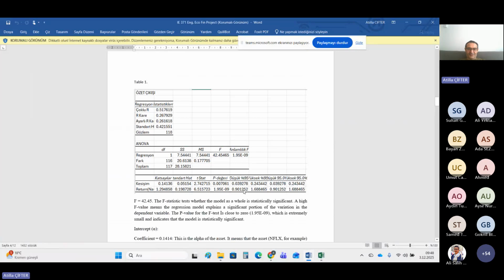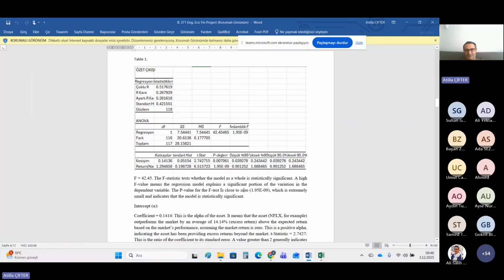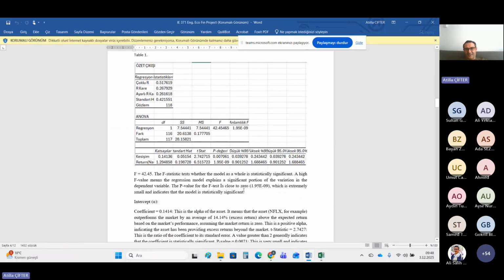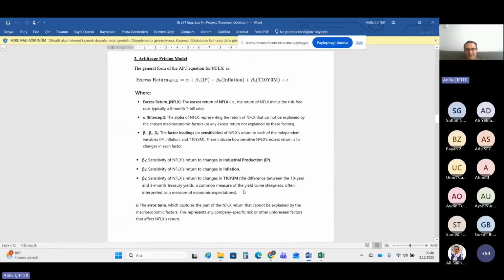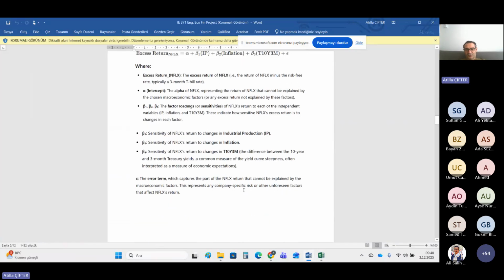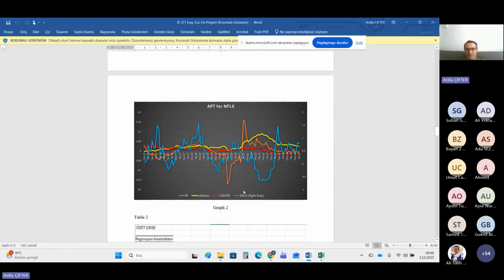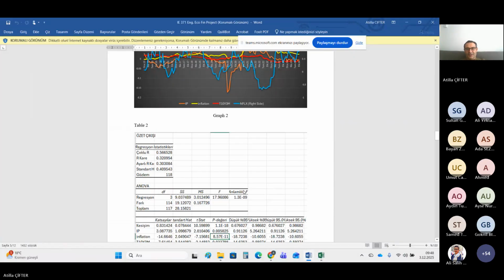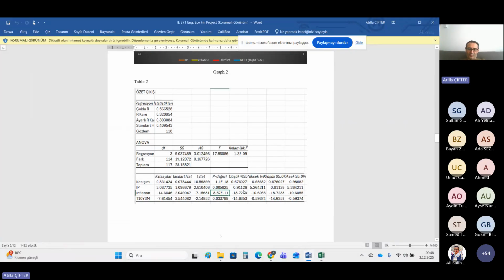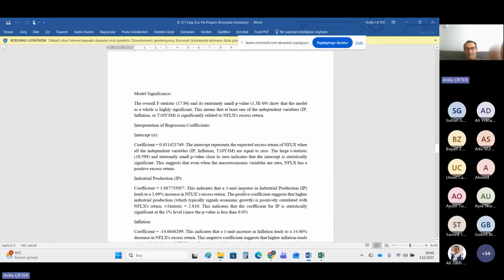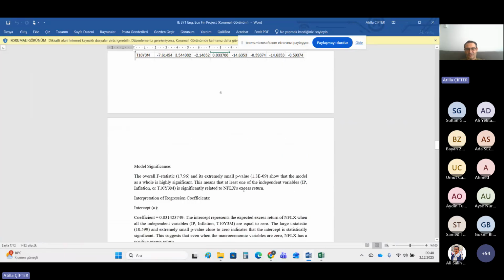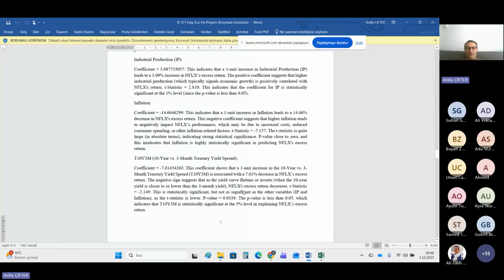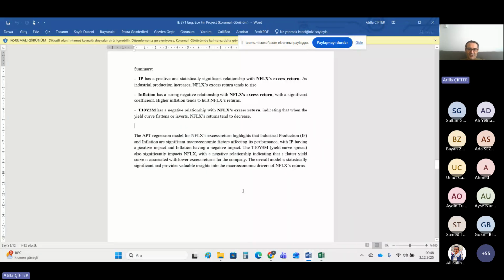So we take this output and evaluate the result. For arbitrage pricing theory, it's again the same. You just need to update the data and paste your own graph. You need to paste your multiple regression analysis, and then update the result according to your multiple linear regression analysis. So this is the arbitrage pricing theory estimation, right?